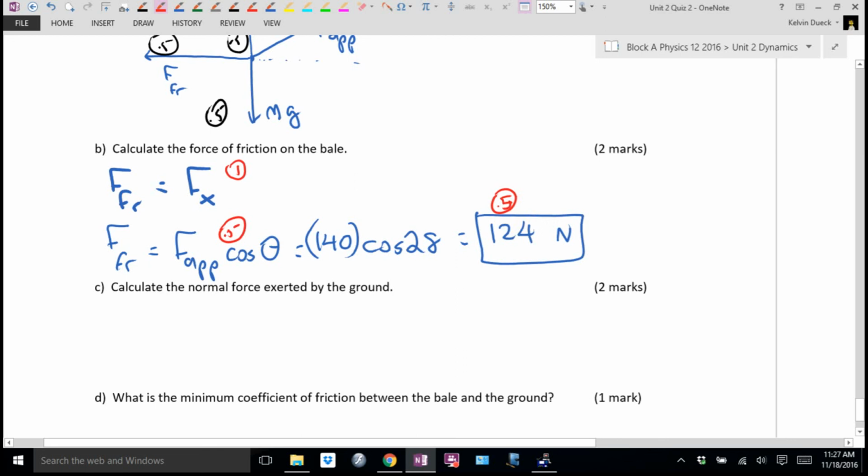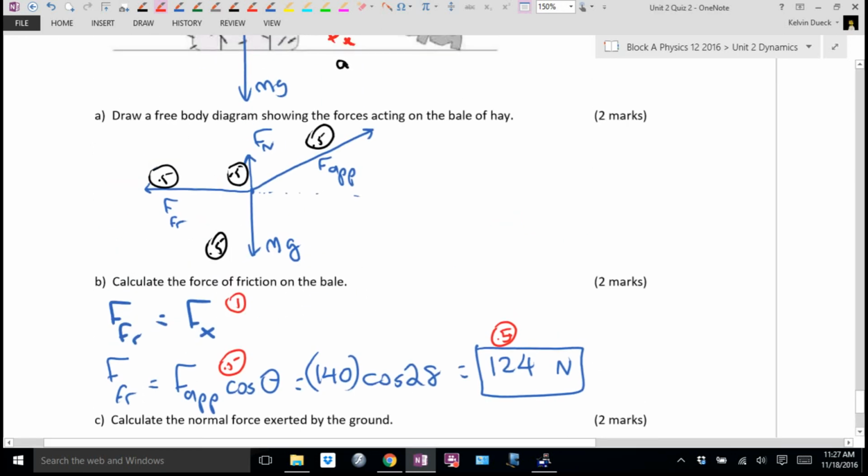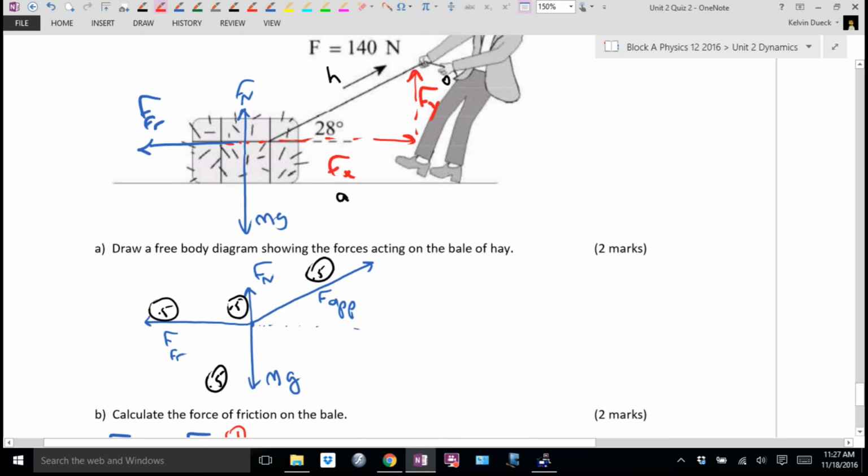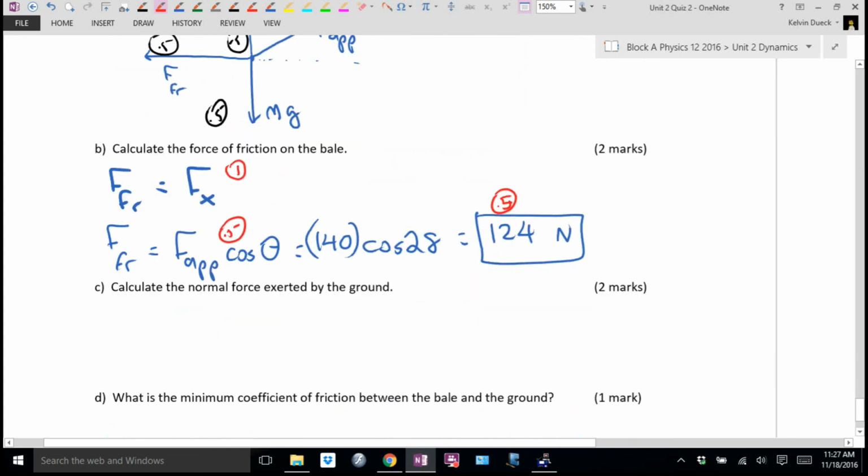If you said friction is mg times and you made something up, I'm going to give you a 0. Can't do that. Normal force, I don't know the normal force. Oh, but look. Everything up equals everything down. So, as an equation, it's going to be normal force plus Fy equals mg.